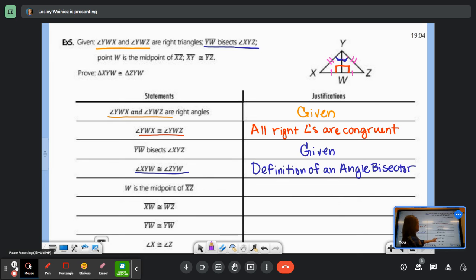Okay, we know that W is the midpoint of XZ. That was given to us right here. Okay, we know that XW is congruent to WZ because of the definition of midpoint.